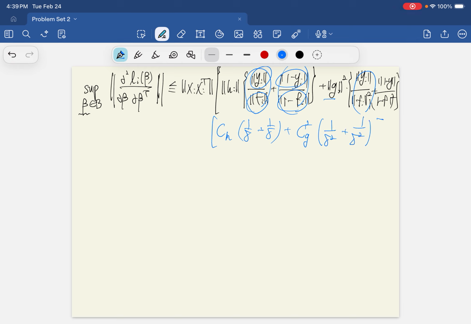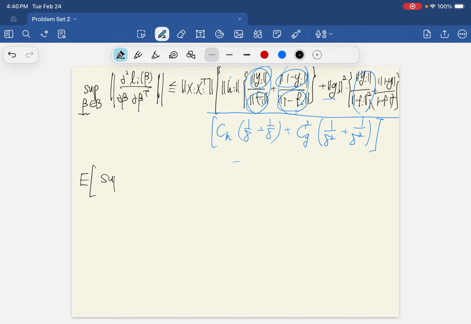Okay, so beta enters only this part, right? H, f, and g, right? So in the end, this is also just a constant that does not depend on beta.